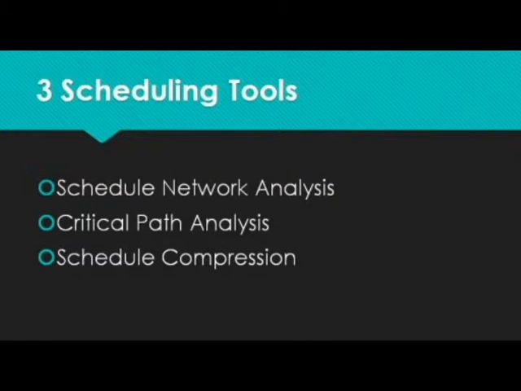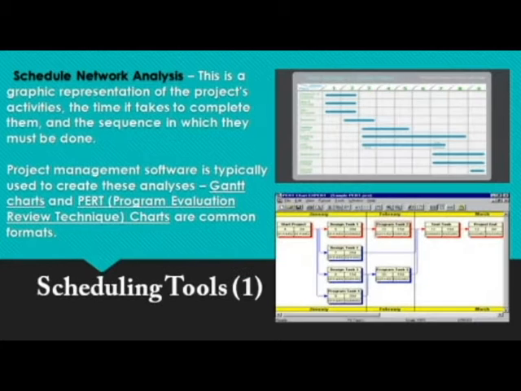There are three scheduling tools: the schedule network analysis, critical path analysis, and schedule compression. Schedule network analysis is a graphical representation of the project's activities, the time it takes to complete them, and the sequence in which they must be done.